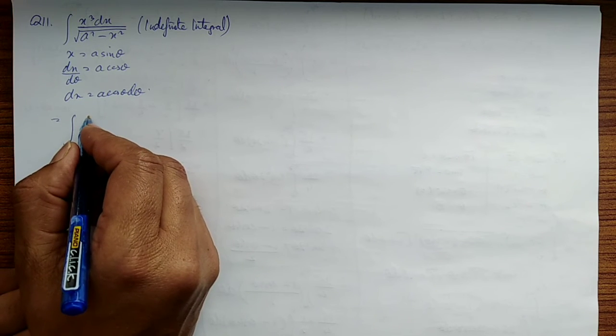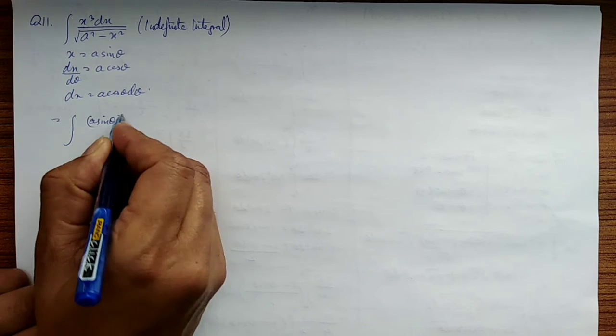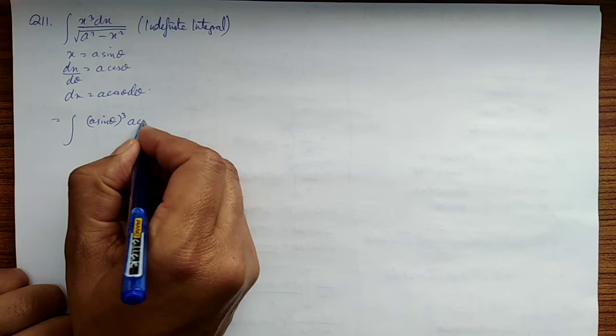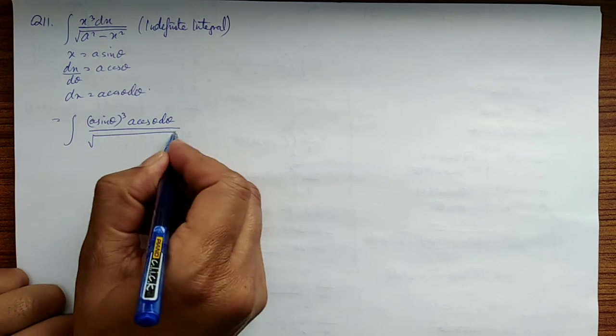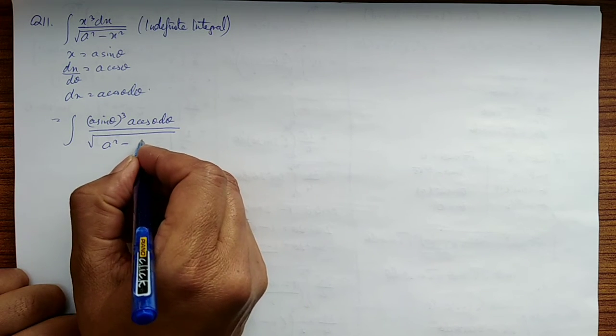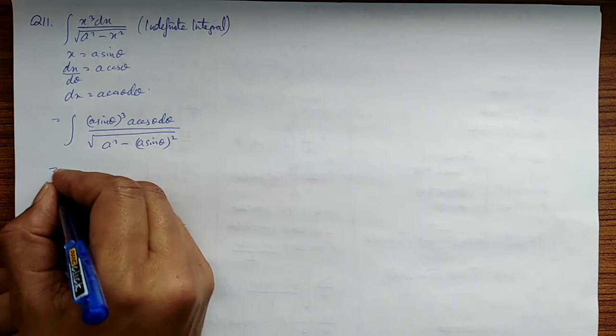In place of x cube, a sine theta whole cube, dx, so a cos theta d theta, whole divided by a square minus, in place of x, a sine theta whole square.